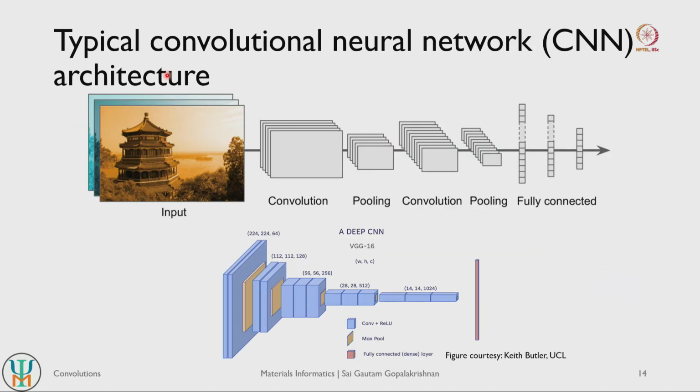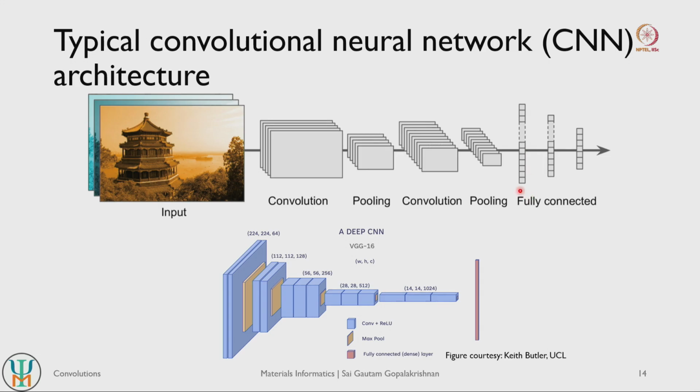Okay. So what do typical convolutional neural networks look like? They look like this. You have an input, you pass it through a certain number of convolutions, then you typically do a pooling operation, then you pass through convolutions, pooling and so on, right. So after a final set of pooling operations, you typically get a flattened vector of numerical values, which is considered to be a representation of your image, right.